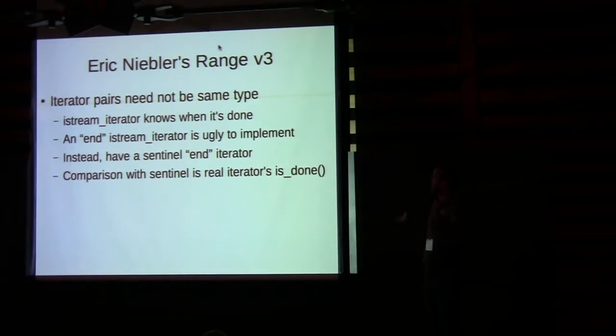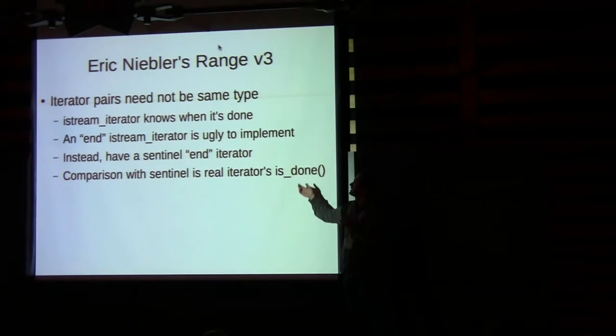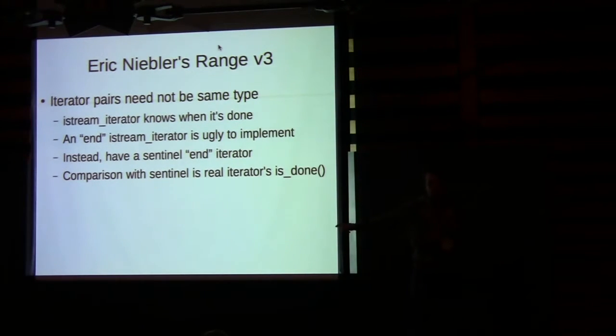So why not call is done? If that end sentinel iterator is a different type, then we can overload equality so that comparing to the sentinel iterator just means is done. That's efficient and easy to write.